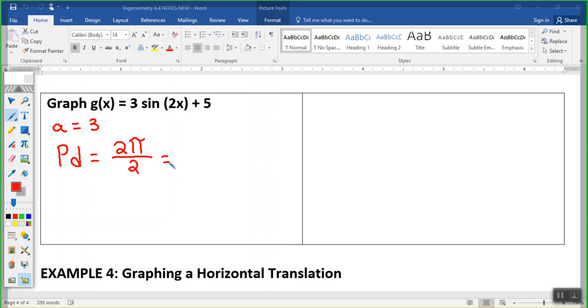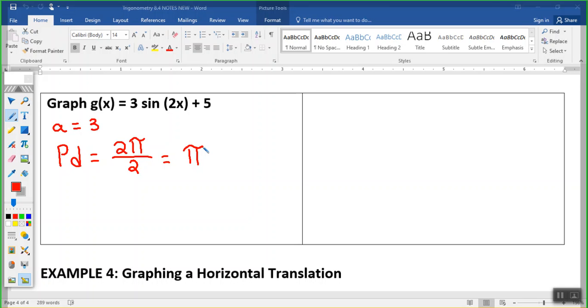The b value is 2. Okay, so it has to be what? So the original parent function has a cycle of 2 pi radians. We are now going to complete a whole cycle in how many radians, kids? Pi radians. Does that mean my graph is going to stretch out, or is it going to be condensed for each period? It's going to be compressed there, isn't it?